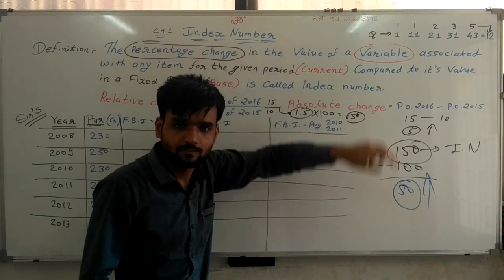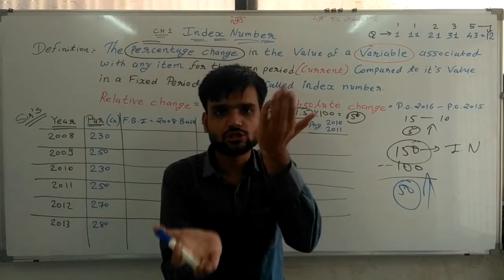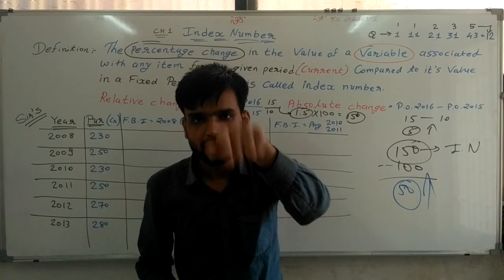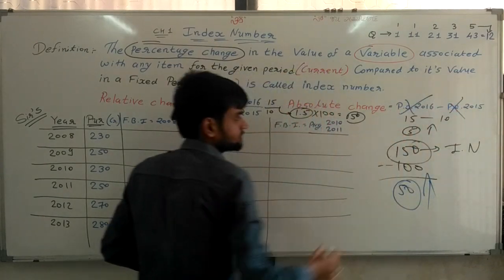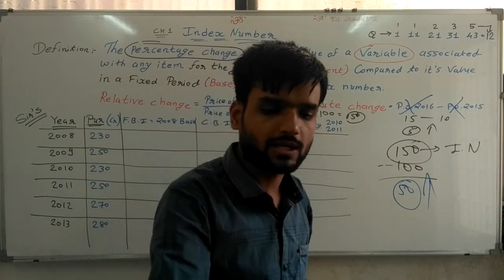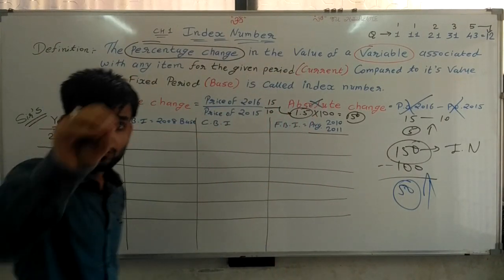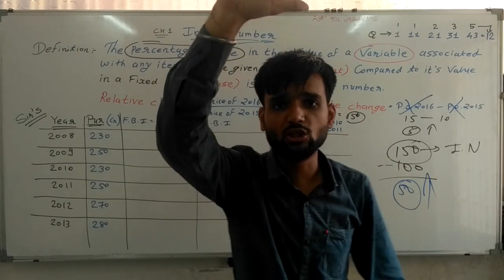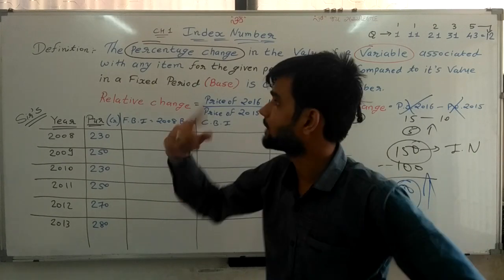How are we finding it? Current year comparison is done with base year, and it shows relative changes, and that's why we cannot find the proper value by absolute change. We cannot compare by absolute change. We have to compare with relative change. The 50% increase in the value of marker pen, that we can get easily if we find the index.